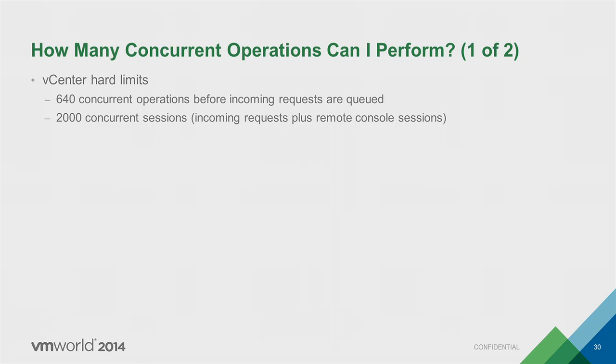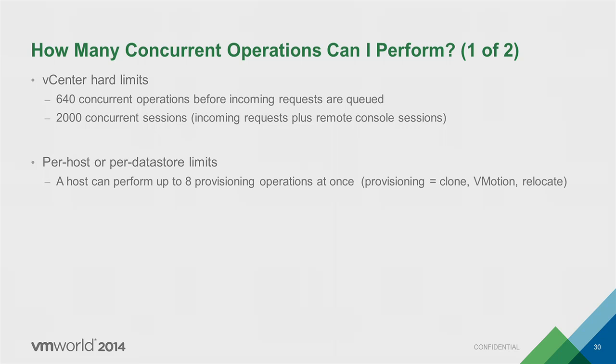So those are the hard limits from the vCenter perspective, but obviously vCenter is attached to hosts. And on the host, we have per host and per data store limits to make sure that your host isn't getting so hammered with provisioning requests that it can't actually do what it's supposed to do, namely run VMs. And so a host, and we'll go into this in more detail in the next slide, a host itself can be involved in up to 8 provisioning operations at a time.